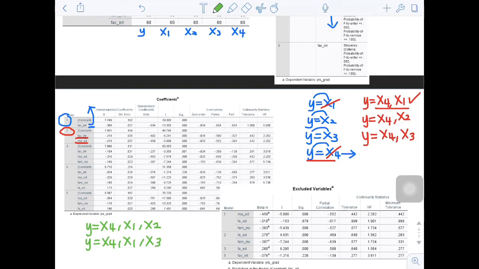When this was done, in the third selection, the family income, which is x3, got selected. So this is how the stepwise process is actually done. But of course, SPSS is very advanced and gives us the solution in one go.